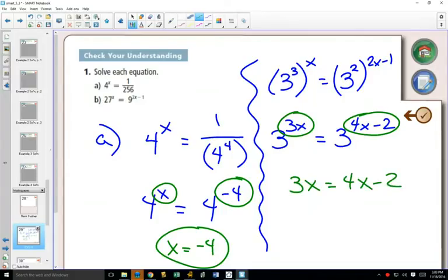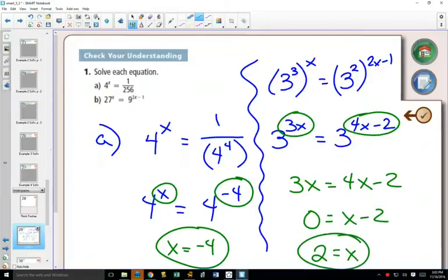I could put those like terms together, subtract 3x on both sides, add 2 on both sides to get x by itself, and then we get x is equal to 2. All right, take some time to try those.